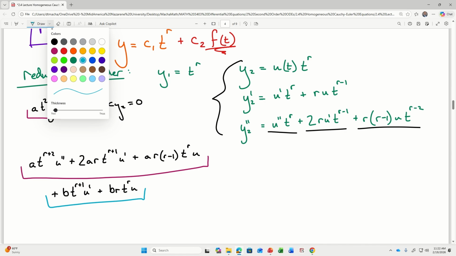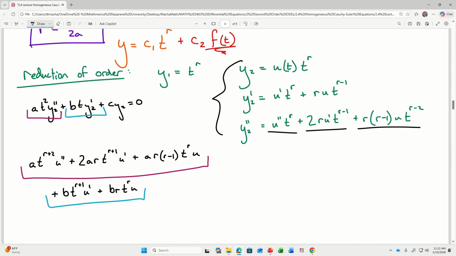And then the last little bit is c times y2, so it's plus c t to the r u. And this has to be equal to 0 for all values of t.